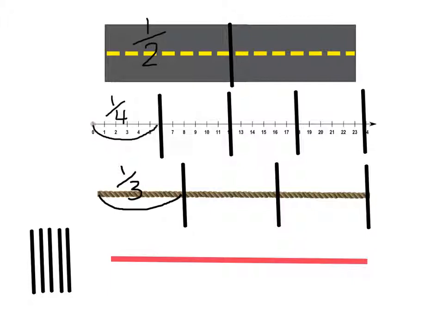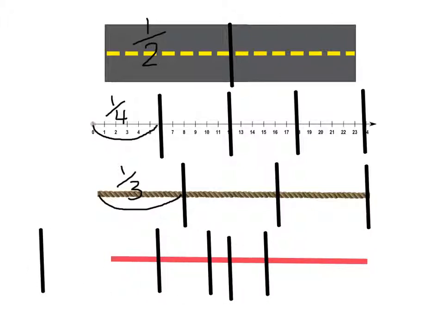Okay, on my line I would like to show you the fraction of fifths. So on my whole line here, the length of my whole line, I need to divide it into 5 equal parts. Alright, let's give this a go. So I've got 1, 2, 3, 4, I'll end it here, 5 pretty equal parts.